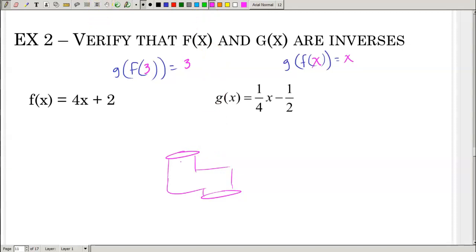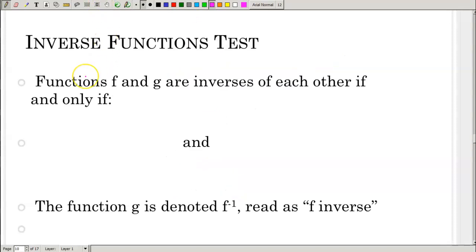So there's actually a test here that I skipped over, the inverse functions test. So functions f and g are inverses of each other if and only if, and what we just showed there, I'm just going to write it again, if I start with x and we do f of x and then we compose it with g of x, that equals x, right?